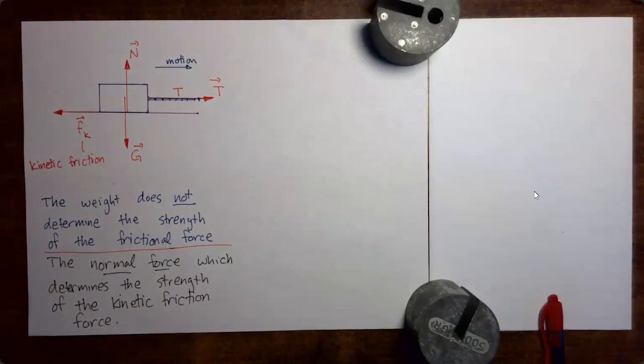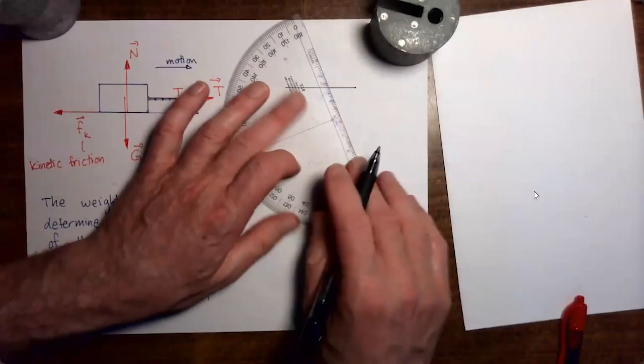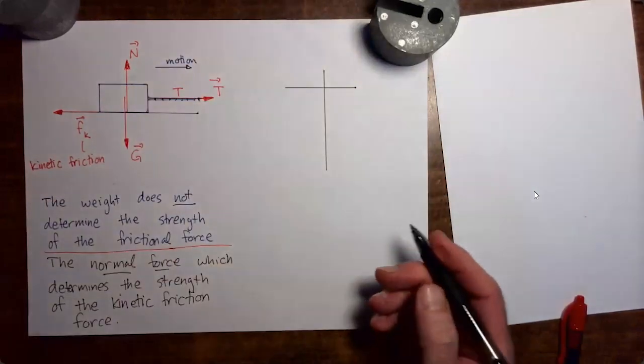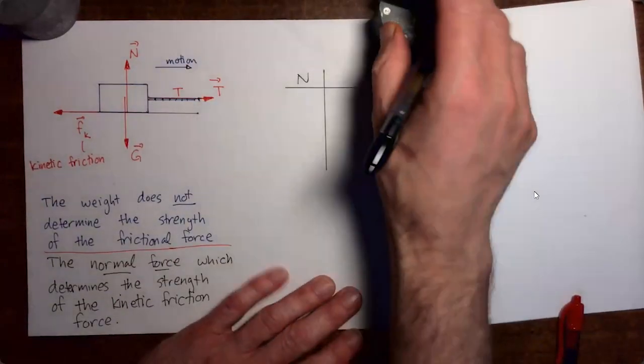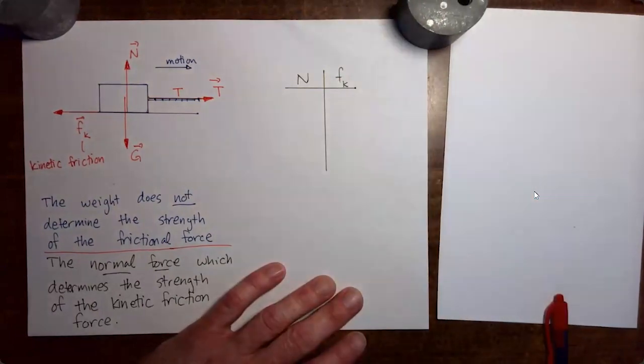Okay, so here's how we can think about that. I'm going to make a little table to summarize what happened in that earlier video. In one column of the table, I'm going to put the normal force. And in the other column, I'm going to put the kinetic friction force that was measured.